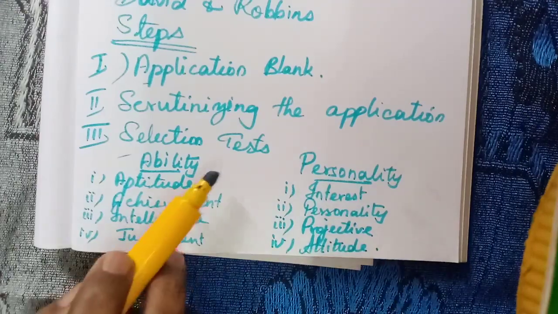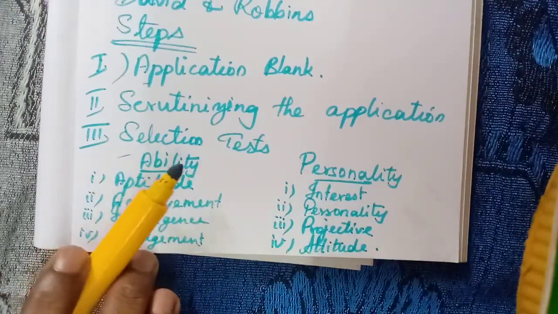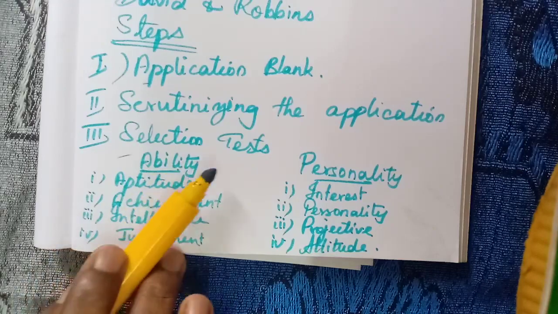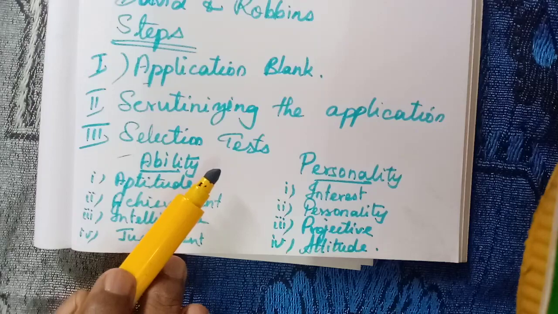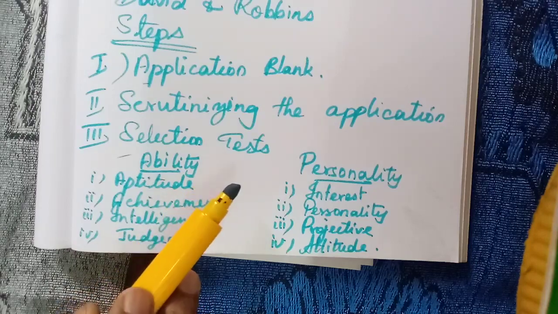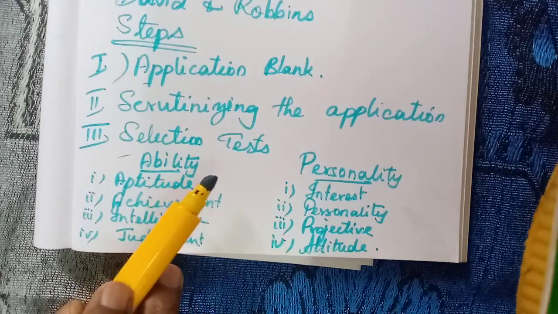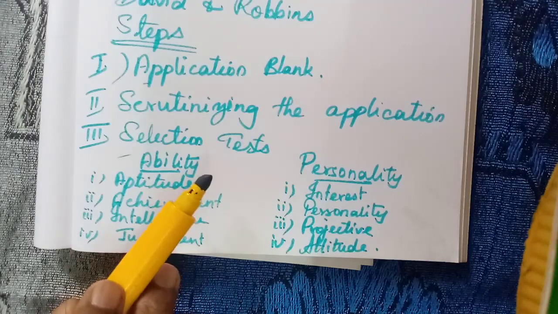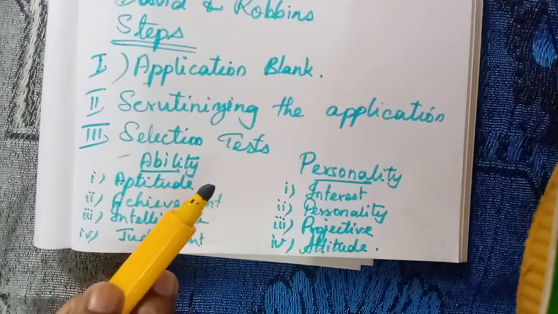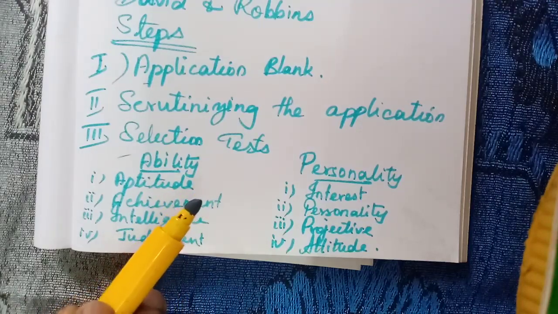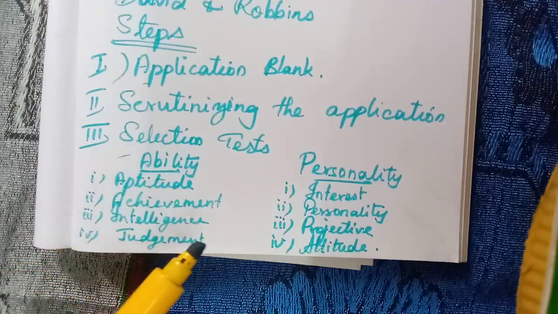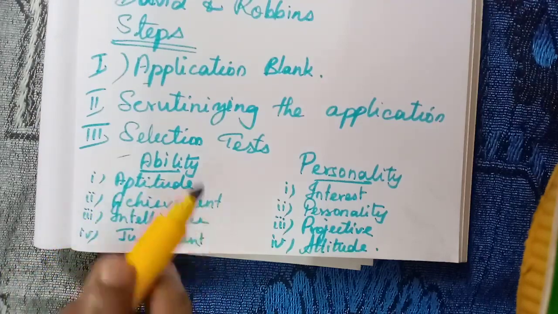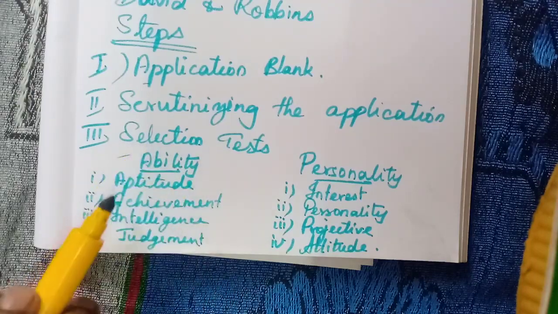Okay, selection test. We know what is the meaning of selection test. Selection tests are conducted in the selection process to ensure whether that candidate possesses the necessary qualification or experience to fit into the various positions in the organization, because for each position only one person will be appointed. Whether he is fit to be appointed will be tested in the selection test.